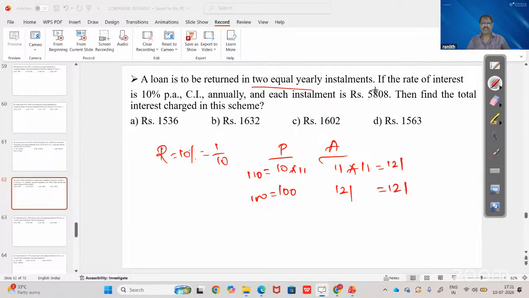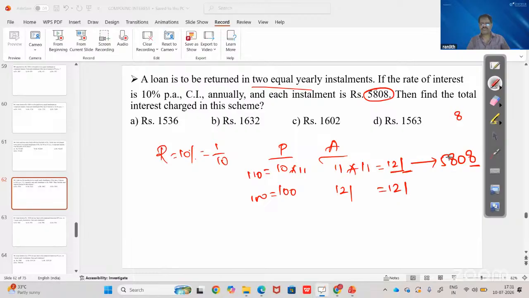Here it is given that 121 parts equal 5808. It is cancelled by the 11 table. So how many times can we cancel? 12 fives are 60. In the 121 table, we can cancel by one table, 8 we are getting 8 times.